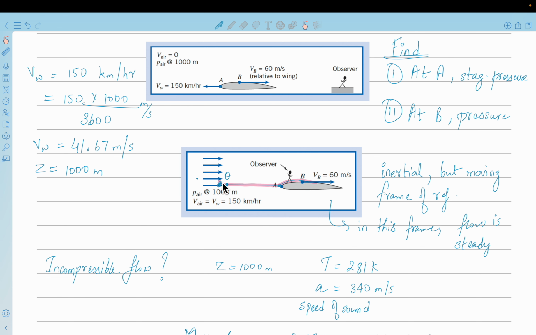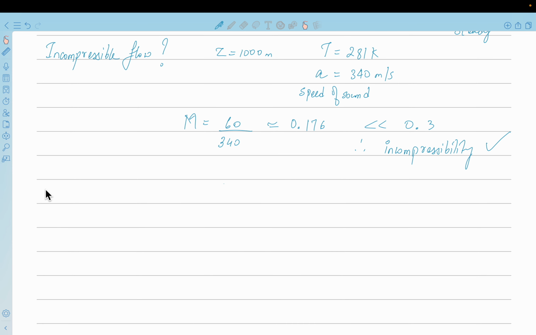So there will be a streamline from O to A to B. Okay, so I can apply Bernoulli's theorem or Bernoulli's equation between O, A and B.